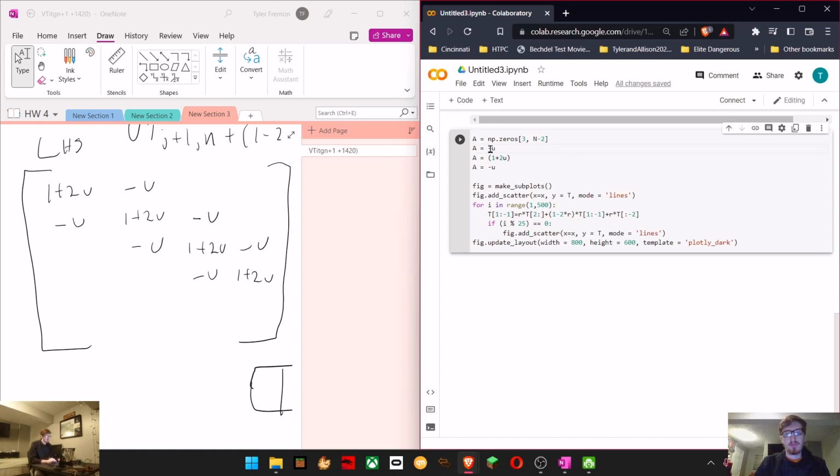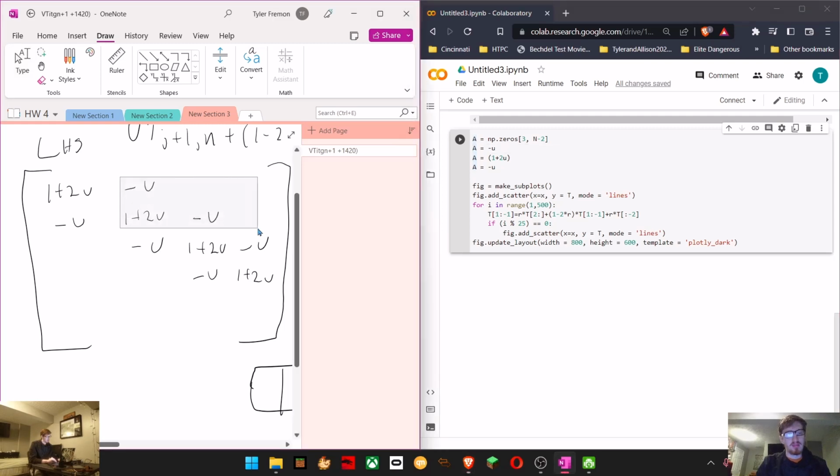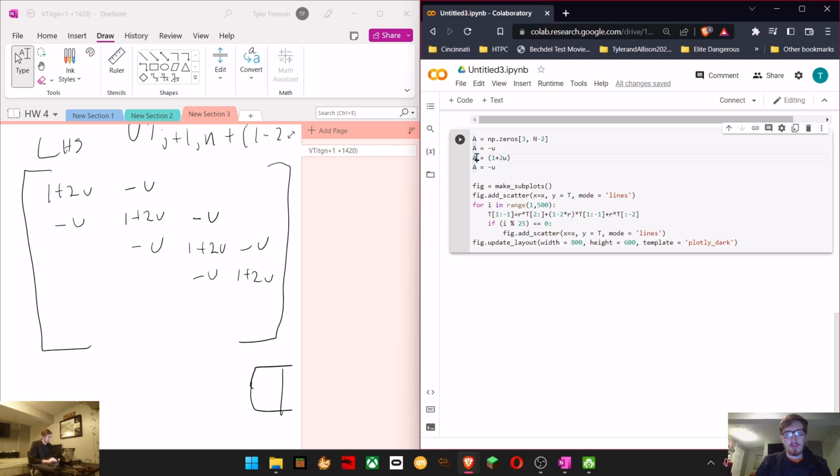And from there we need to slice this so that we're excluding this empty space on the left for the top diagonal and on the right for the bottom diagonal. So let's actually start with the middle one because it's the simplest. It's going to be our second row here, and we need to fill in all the columns with 1 plus 2u.